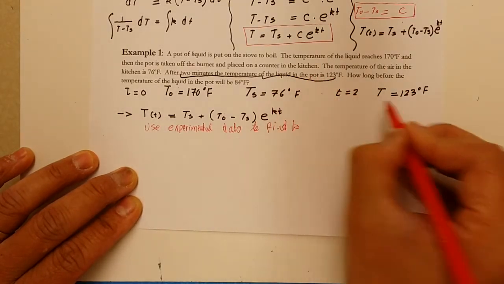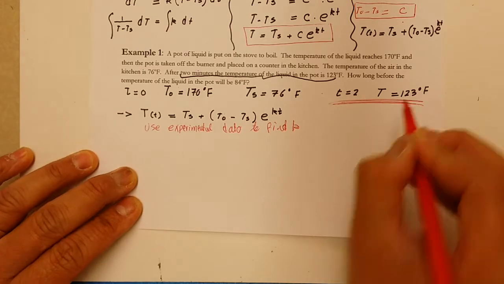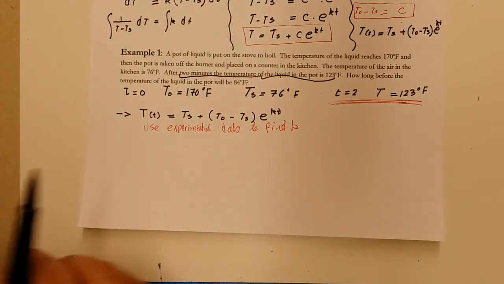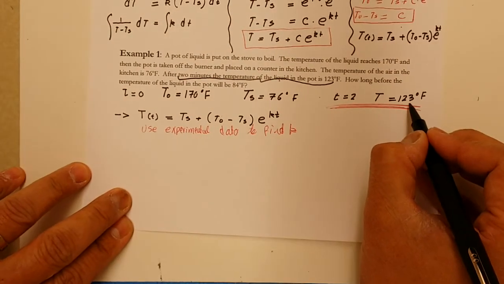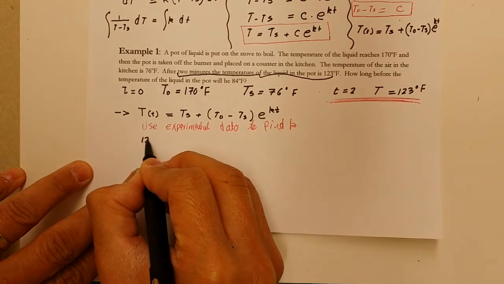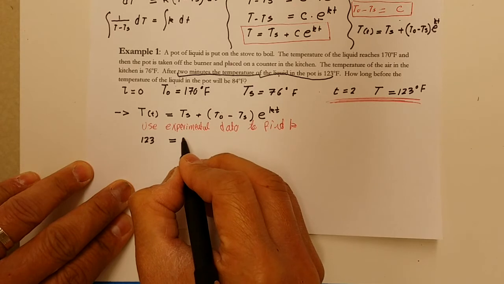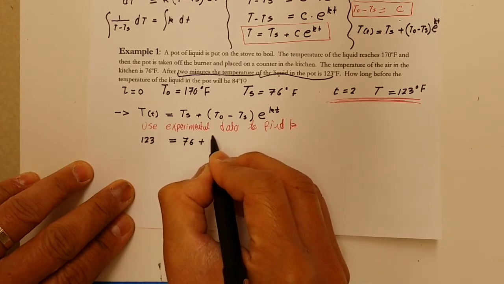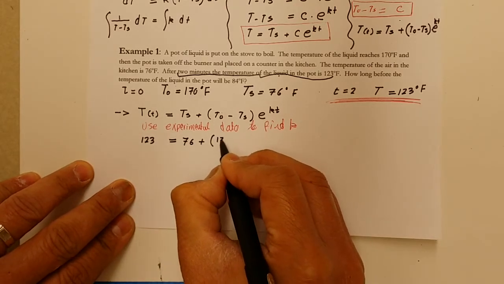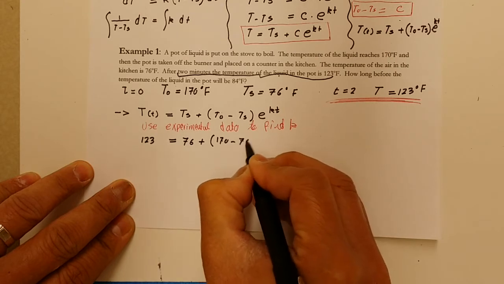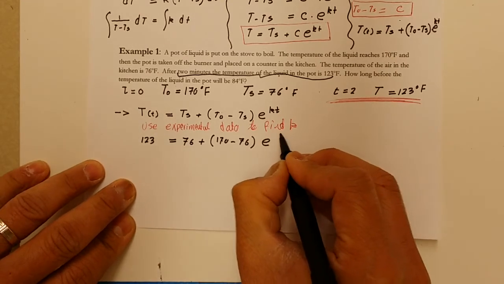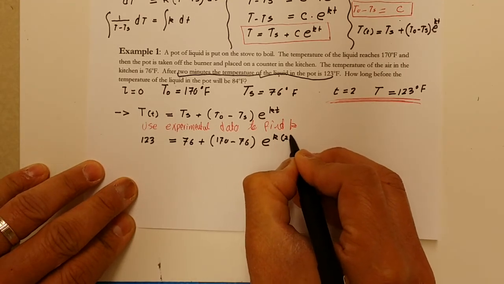And this is our experimental data. So the temperature is 123. Surrounding temperature is 76. Initial temperature is 170. Surrounding temperature is 76. e to the k, and t is 2.